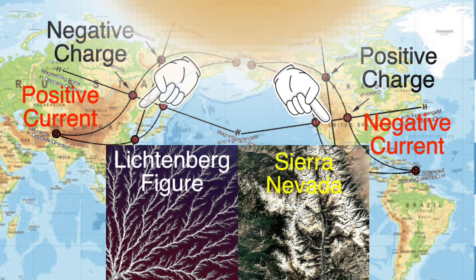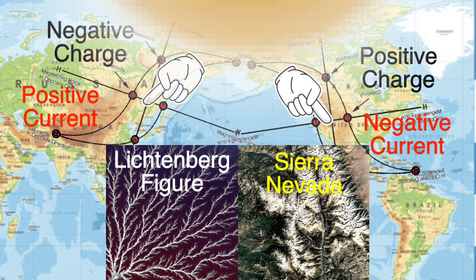The positive charge represents positively ionized material coming down in shock waves. The shape of the positive charge is called the Lichtenberg figure, which can be easily seen in the tops of the Sierra Nevada mountains. These shapes exist because of an incoming positive charge, and that positive charge included all the material being drawn away and pulled from the surface of Venus.